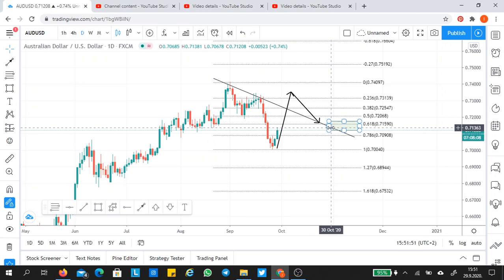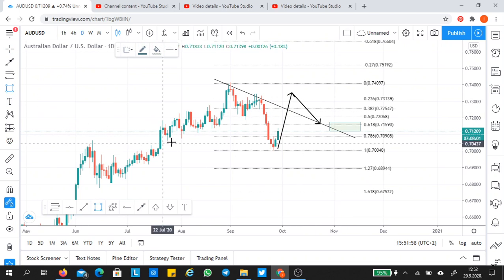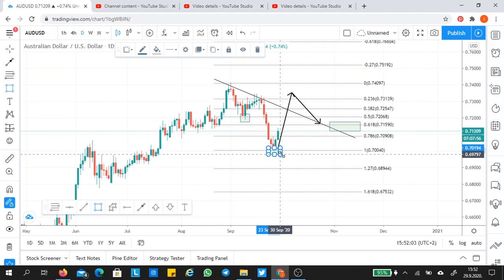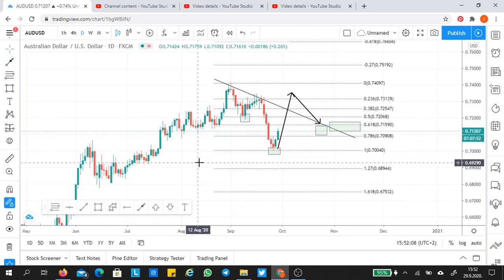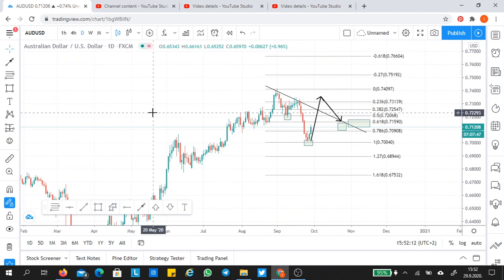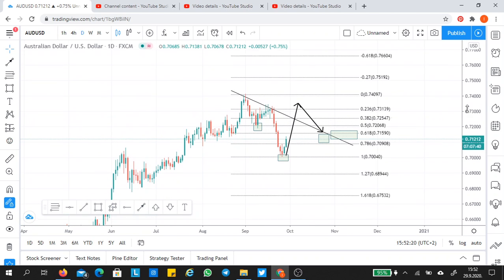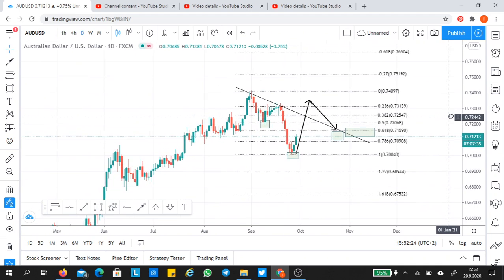The second is the pullback to the area between 6180 and 7860, and the third confirmation then can be, you can guess already, the inverse head and shoulder pattern, and this scenario will then be really good for going long with high probability trade, and the trade with highest risk to reward ratio.